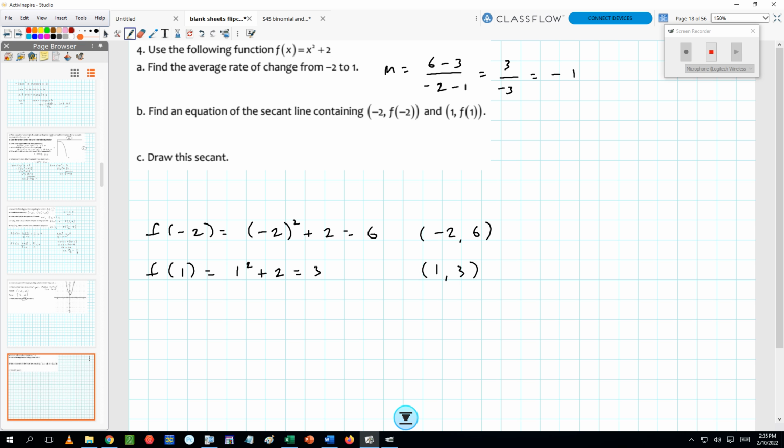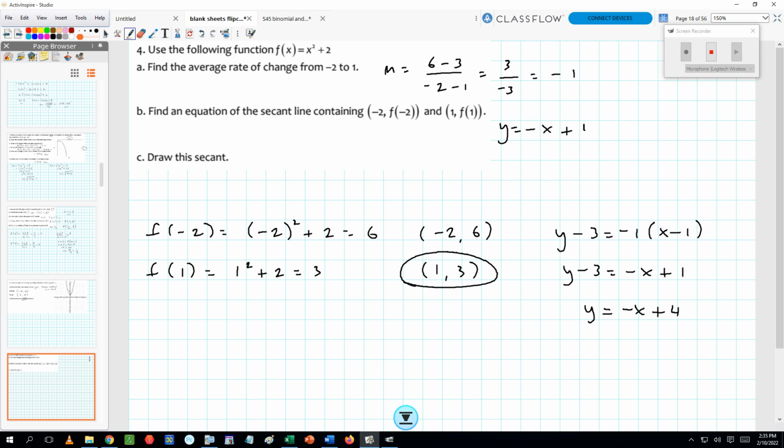Find the equation of the secant. I prefer to use this point. So y take away 3 is equal to -1 times x take away 1. Y take away 3 equals -x plus 1. Y is equal to -x plus 4. Draw this secant.